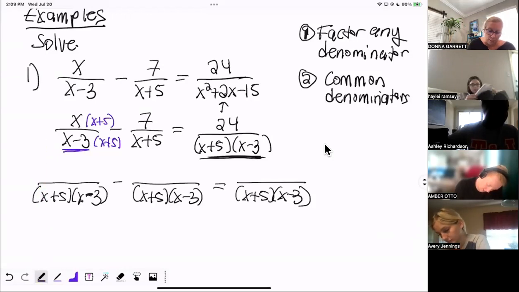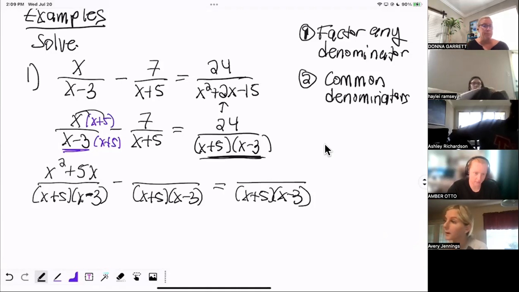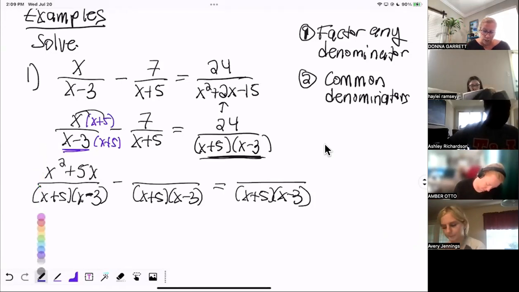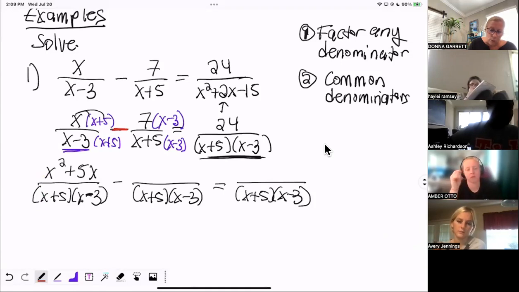And then I'm going to come back here and put x. Well, we could probably distribute it: x squared plus 5x. So we just distribute. The second fraction, I am missing the x minus 3, so I'm going to multiply this by x minus 3. This one, be very, very careful, because I'm going to make this red. See that minus sign? That means we also have to distribute the minus sign as we do this.